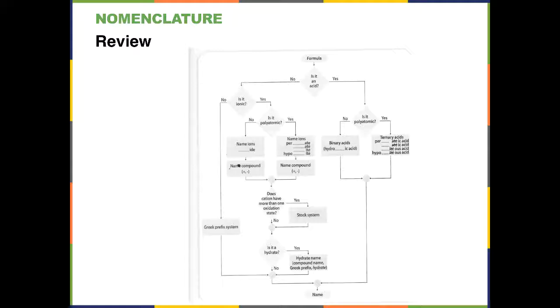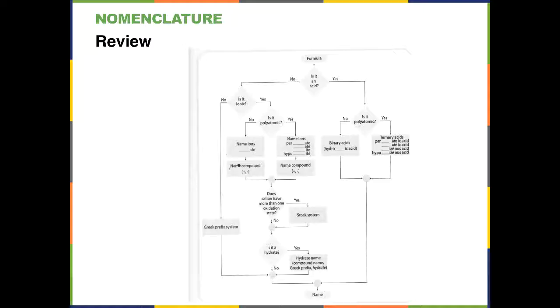If it is an acid, you go along the right side here, and then you ask the question, does it have a polyatomic ion in it or not? If the answer is no, then it's a binary acid. And the name is very simple. It's hydro-whateveric acid, hydrochloric acid, hydrobromic acid, etc.